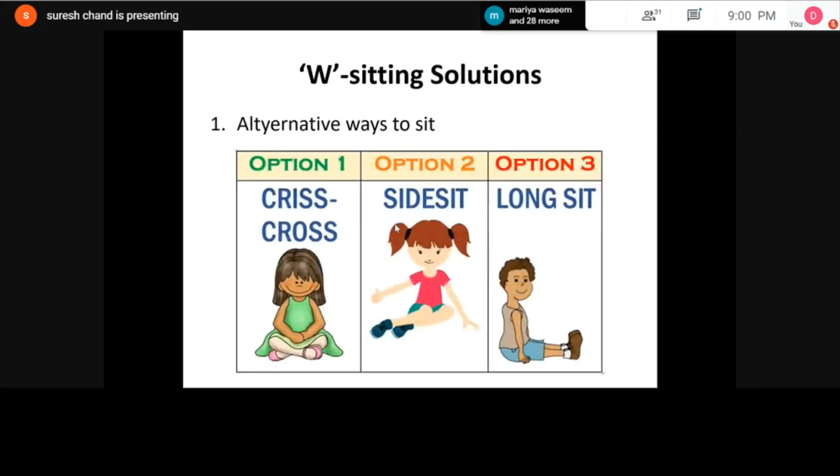So I'll discuss solutions for W sitting here only. There are alternative ways to sit: the crisscross, that is the classical Indian position of sitting, or we can promote side sitting, or we can promote a long sit with the knee extended.